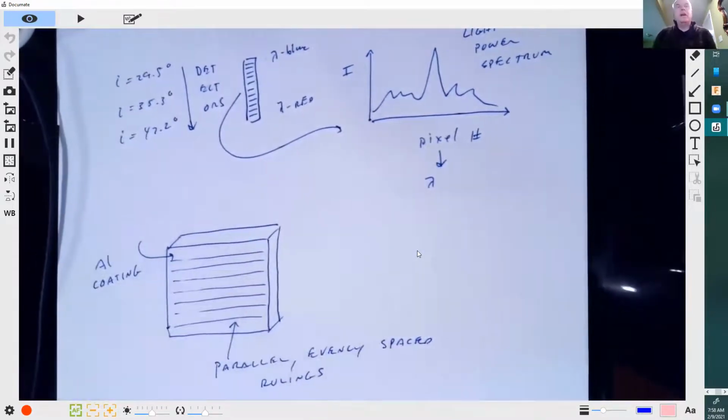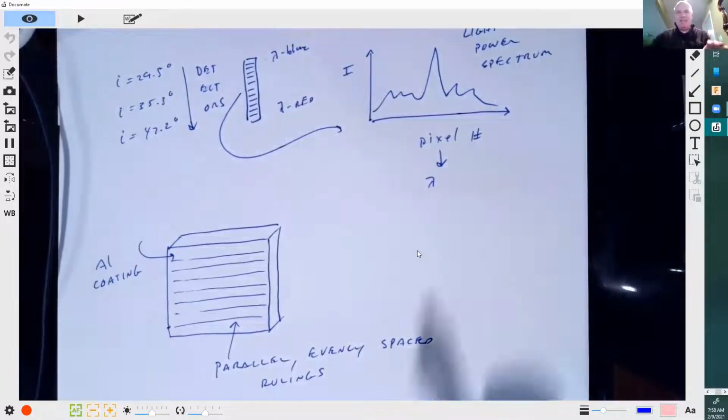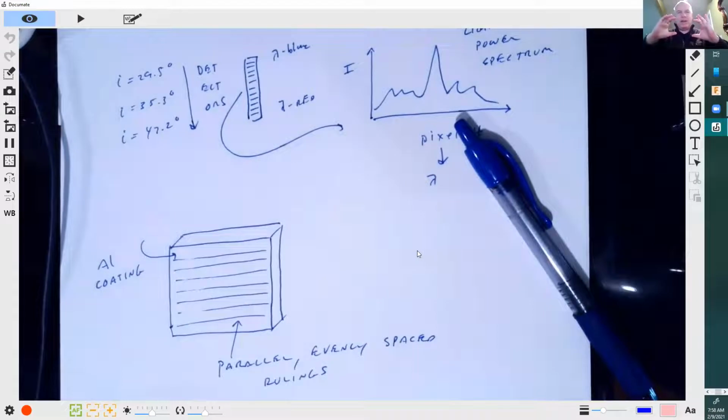These rulings serve to diffract light. I'm not in my office, but I have a ginormous diffraction grating. It's about 4 inches long, on a big inch thick block of glass.